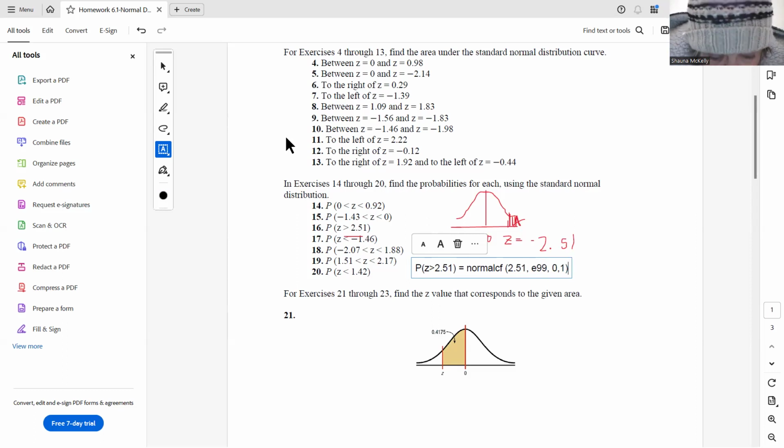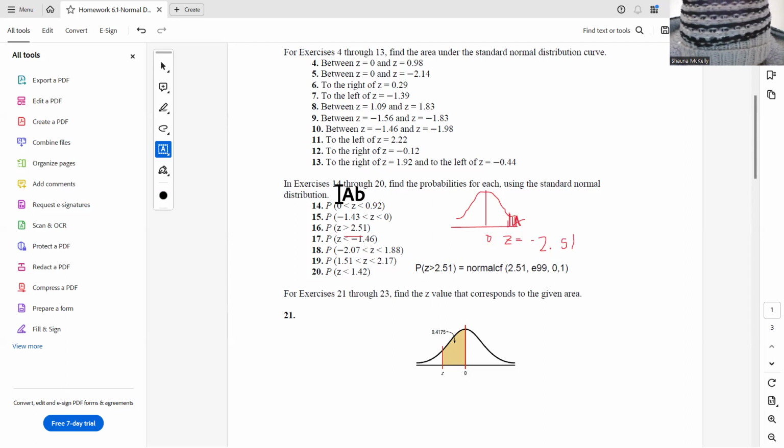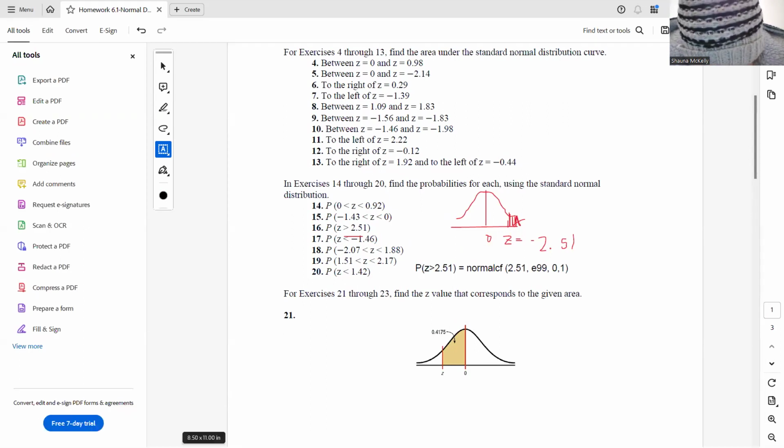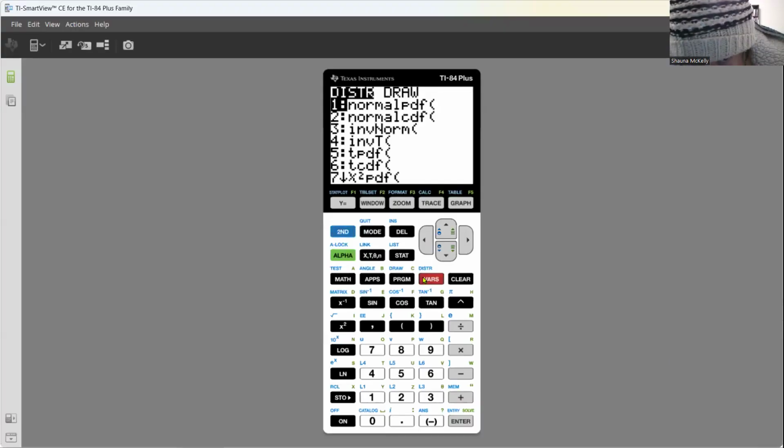Okay? So there's my situation. And what I'm going to do here is go ahead and share the calculator screen. So this is going to be second distribution, normal CDF number 2.